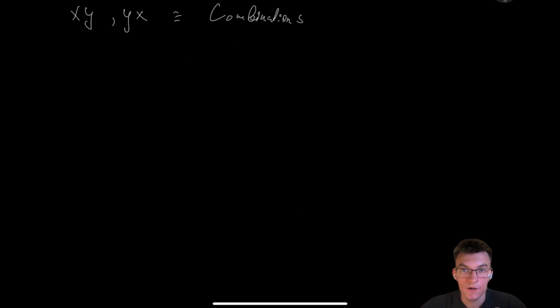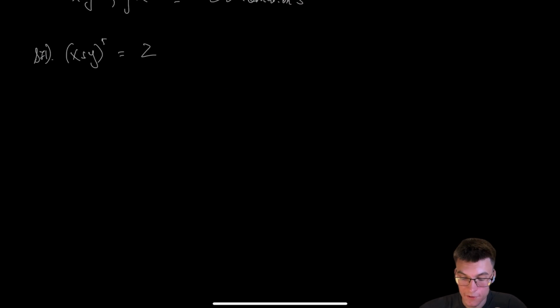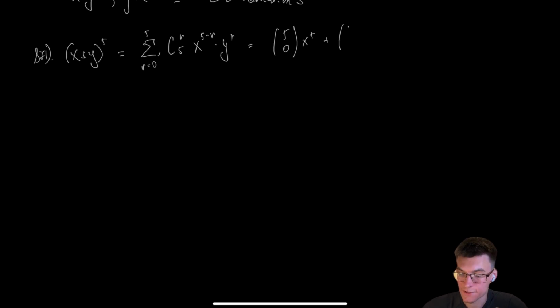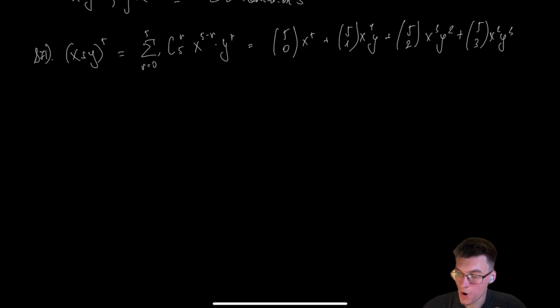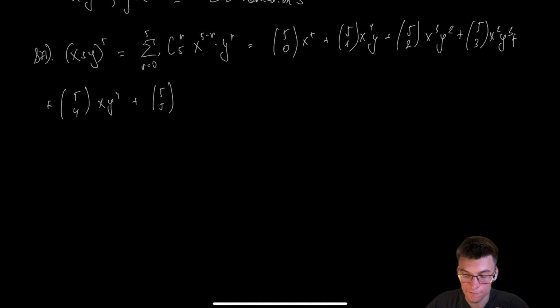Now let's see an example. Let's expand x plus y to the power of 5 using this formula. This will be equal to the summation for r from 0 until 5 of combinations 5 taken r, x to the power of 5 minus r times y to the power of r, which will be equal to combinations 5 taken 0, x to the 5, plus combinations 5 taken 1, x to the 4 y, plus combinations 5 taken 2, x cubed y squared, plus combinations 5 taken 3, x squared y cubed, plus combinations 5 taken 4, x y to the power of 4, plus combinations 5 taken 5.